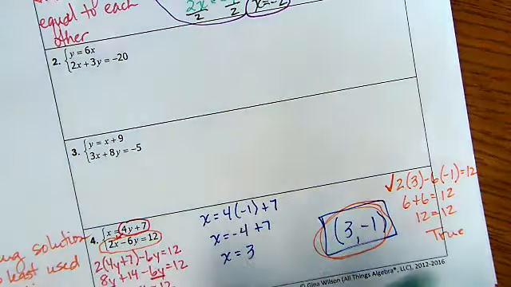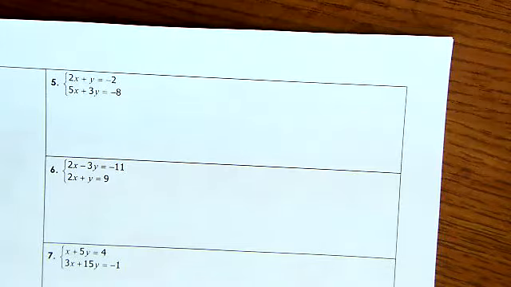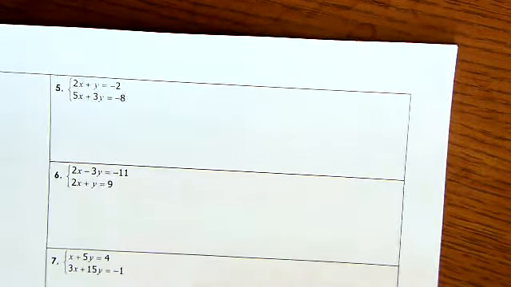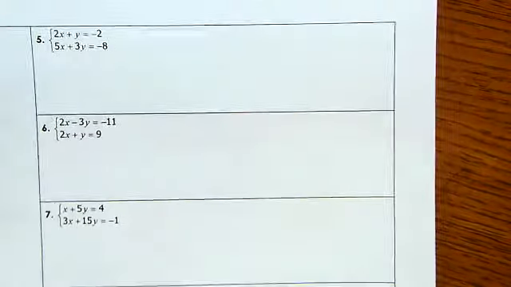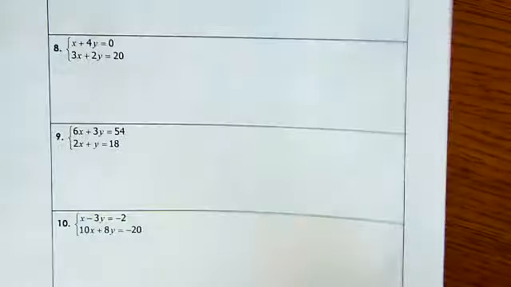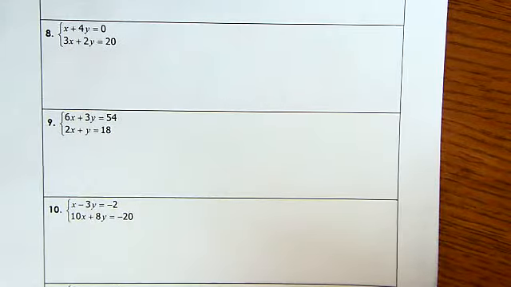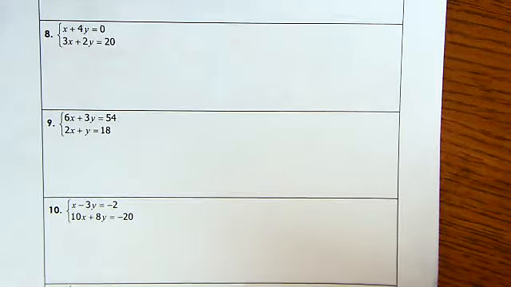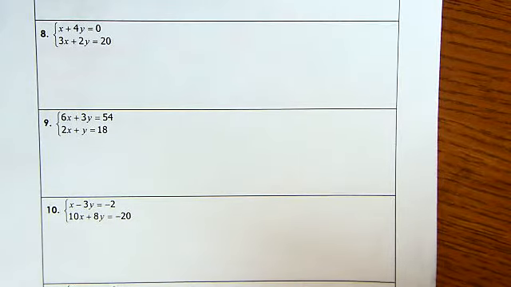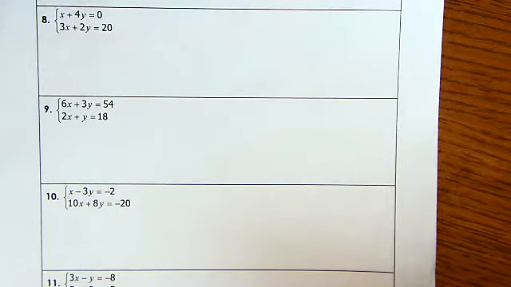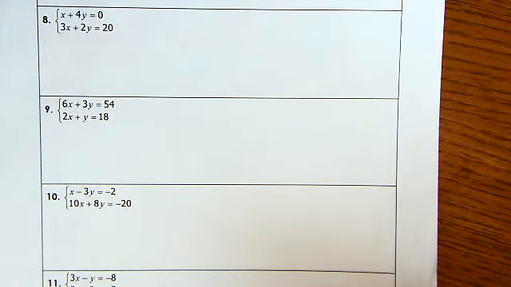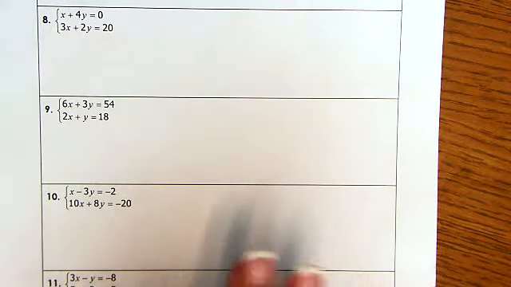Next page, going to number 7. Okay, actually, we're going to do number 9. We're going to talk about number 9. So first things first, neither one of them are in slope-intercept form or x equals or y equals.